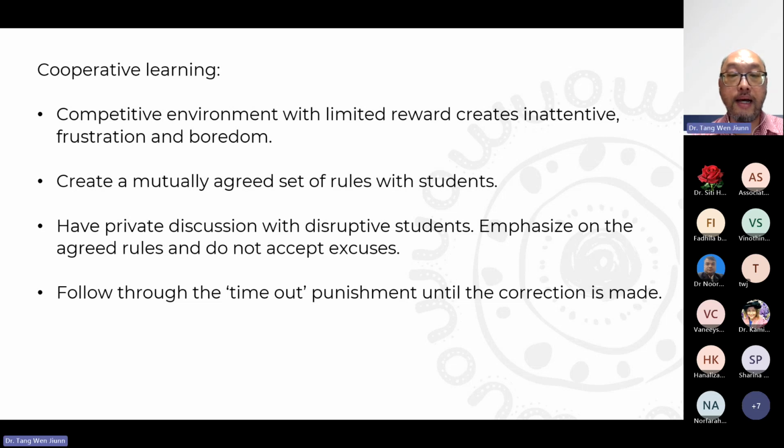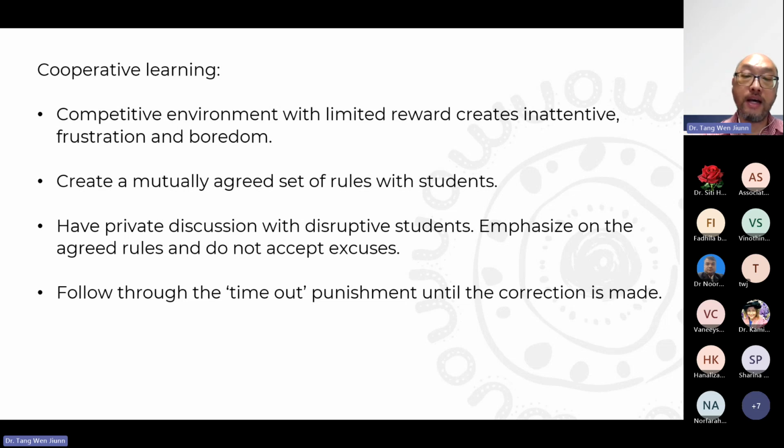For students with misbehavior, normally we give them a warning and things like that. When you have given the warning or punishment, we have to see it through, to see whether there's progress or not. If there's good progress, we should take out the punishment.